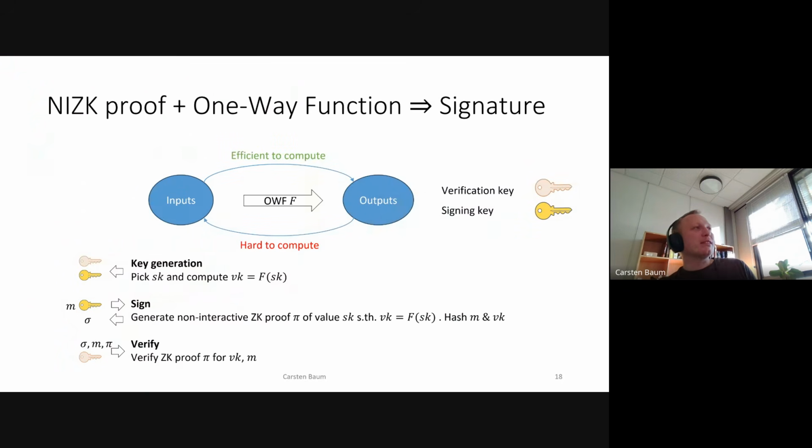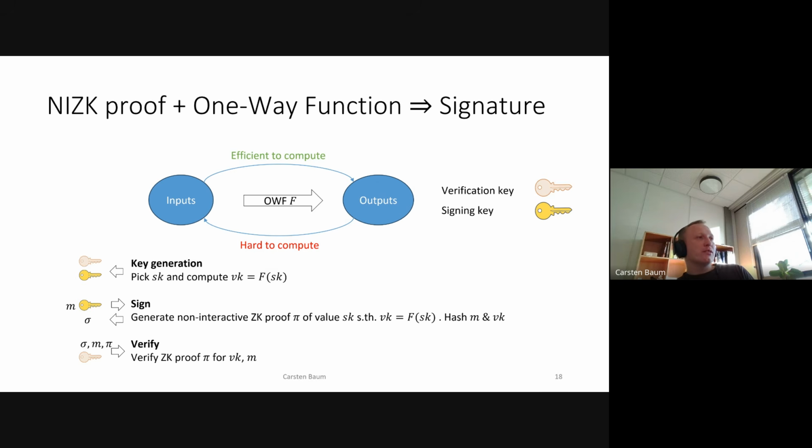What we did there was we used the following observation, which is not just ours. Other people have been thinking about this before. Well, if you have a non-interactive zero knowledge proof and a one-way function, then you can easily build a digital signature. How? Well, you pick your one-way function and evaluate it on a random point.